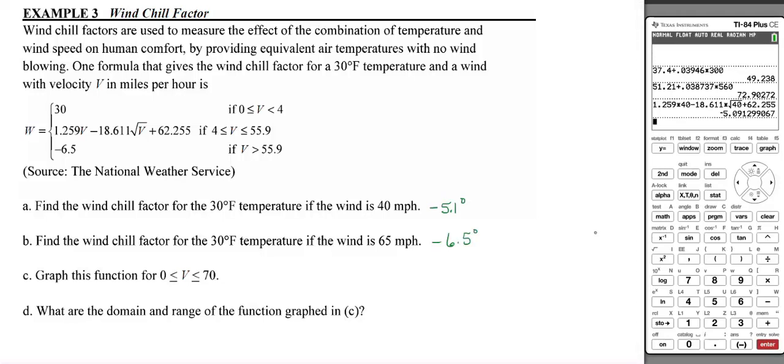For the next part, we want to graph the function for wind velocity between 0 and 70.